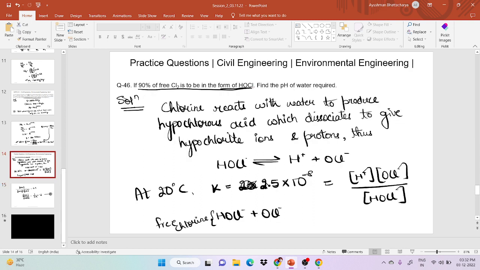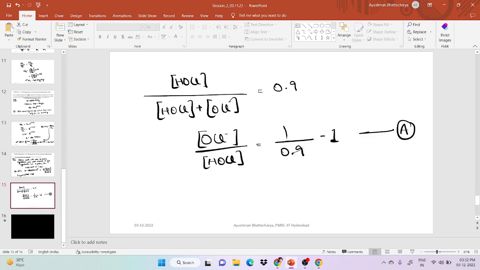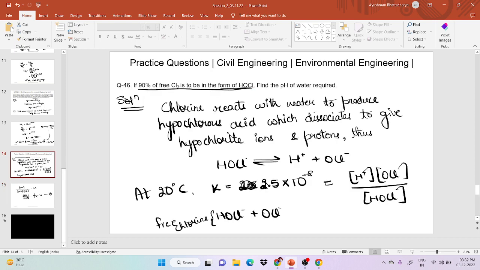Just now I told you that in this reaction HOCl is dissociating into H plus plus OCl minus. If we write in terms of K, it is equal to 2.5 into 10 to the minus 8, equal to H plus OCl minus divided by HOCl. From there, we have to substitute in this equation.